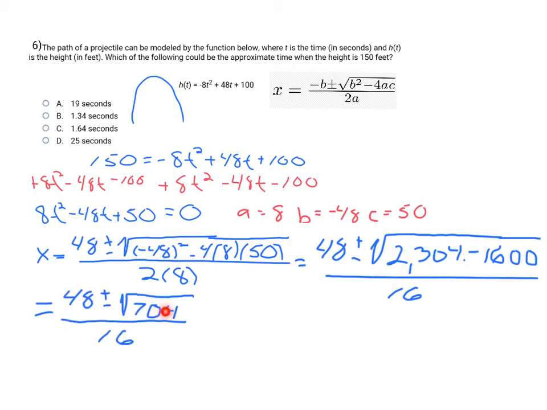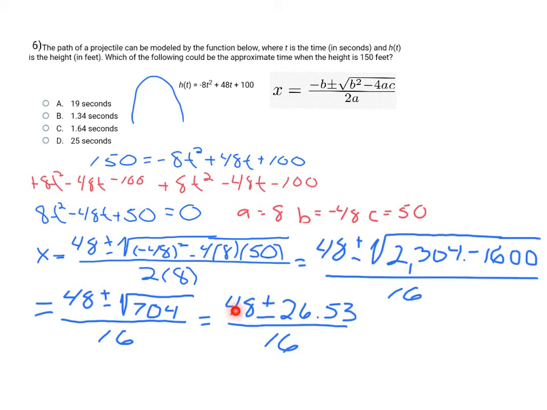And when I do that, I get 704, and then I'm going to find the actual square root of 704, which is going to be a decimal, and so I'm going to take that decimal to 2 decimal places, and that gives me 26.53.